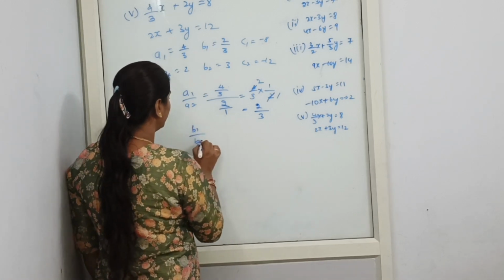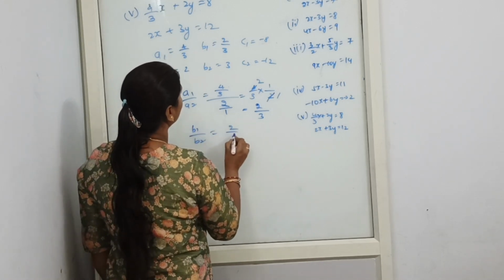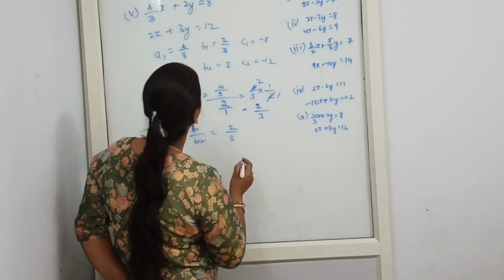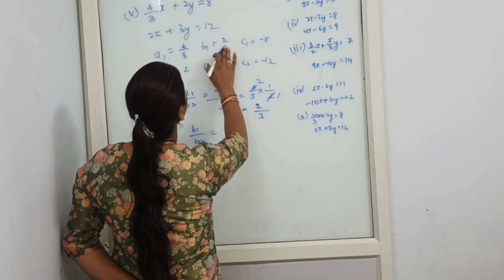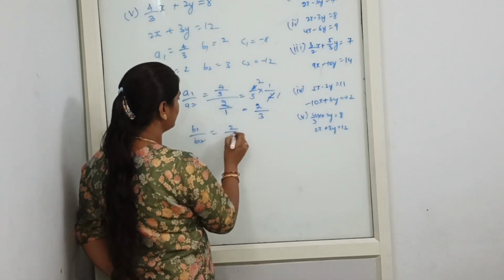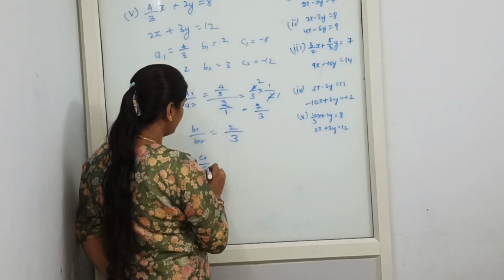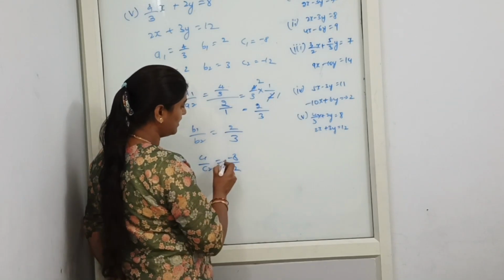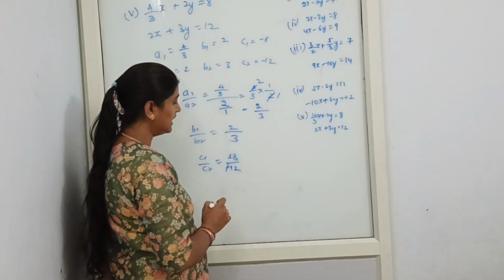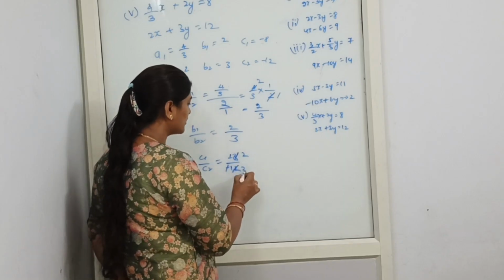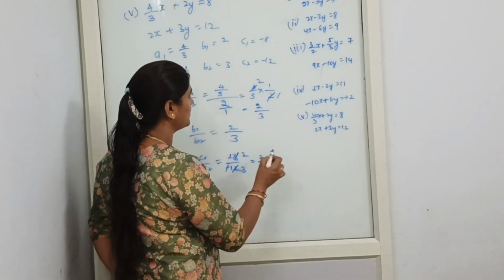Then B1 by B2, 2 by 3. And C1 by C2 is minus 8 by minus 12, negative negative getting cancelled, 8 by 12, 4 twos are 8, 4 threes are 12, so this is also 2 by 3.